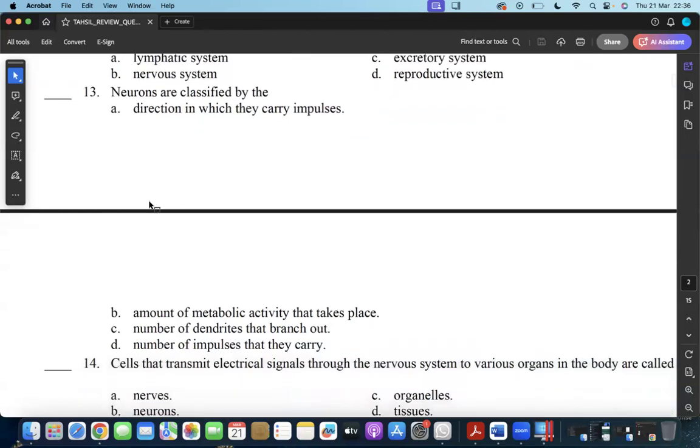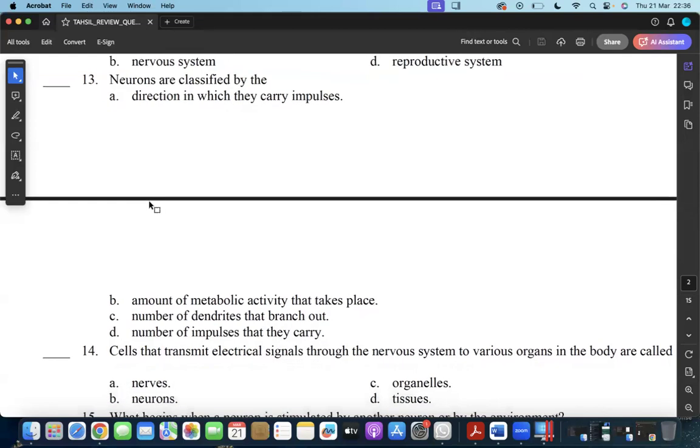So question number 13 says, neurons are classified by what? What do we use to classify a neuron? Neurons, as you know, is another name for nerve cells. The nerve cells help to carry messages to the brain or from the brain. So how do we classify the neurons?